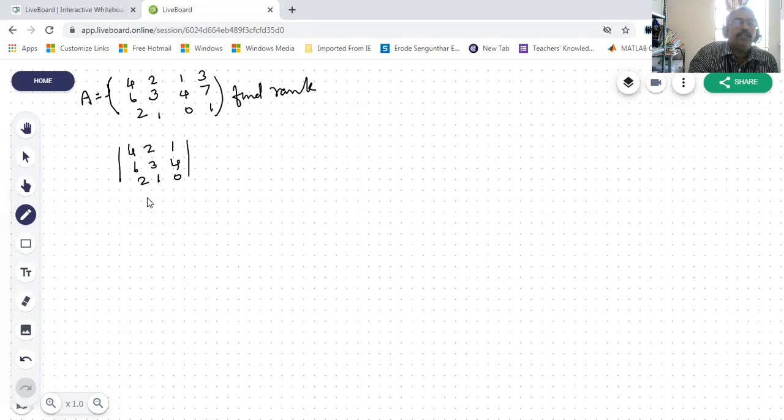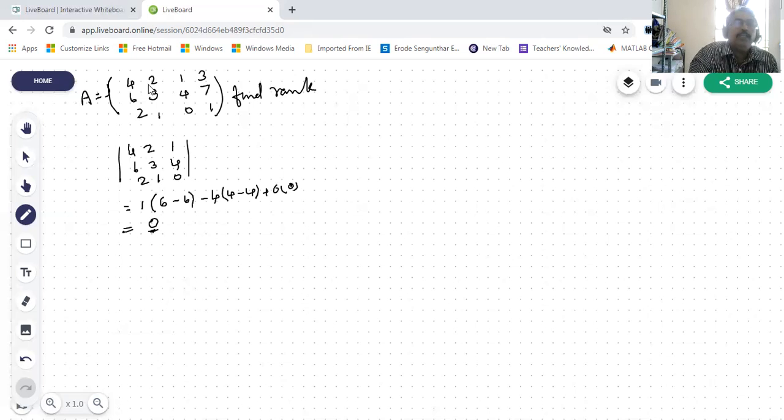We expand the determinant along the last column: 1 into 6 minus 6, that is 0, minus 4 into 4 minus 4, and plus 0 into. So this gives you 0. So this determinant becomes 0.